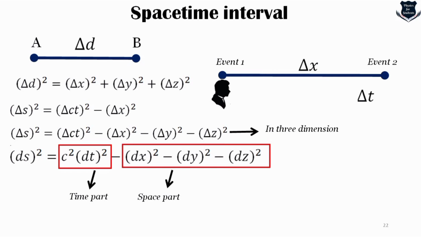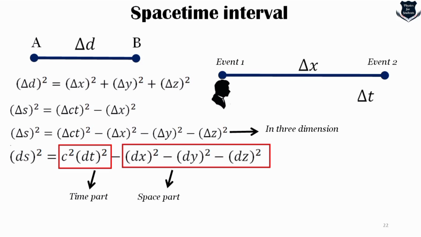Just note that this c is the constant speed of light, which converts space into time. Delta S squared, the squared interval, is a measure of separation between events A and B that are separated in time and also in space, and the separation interval is derived from the spatial distance between A and B, which we have seen here.